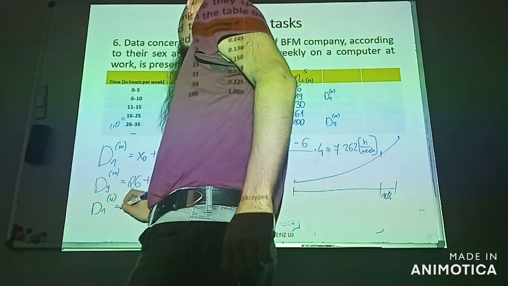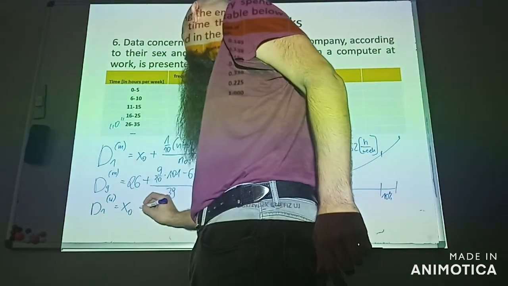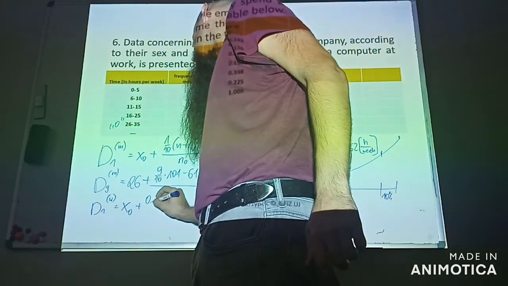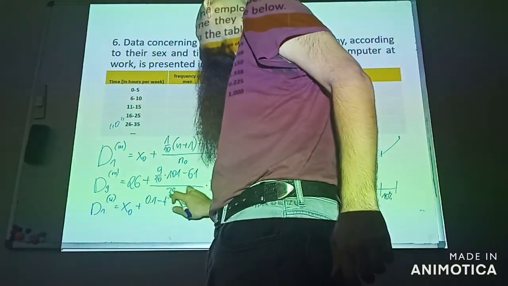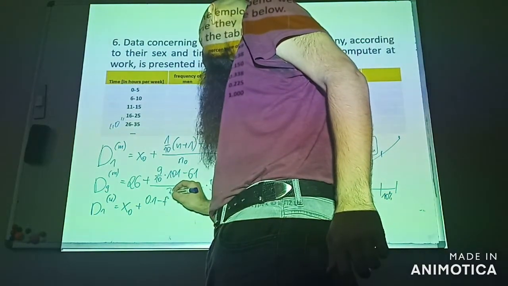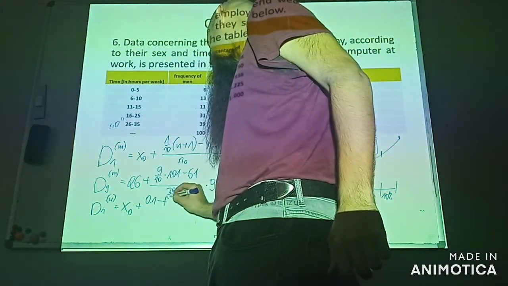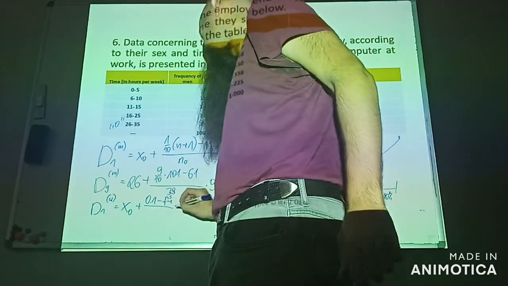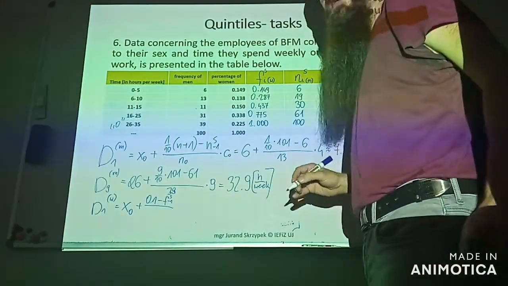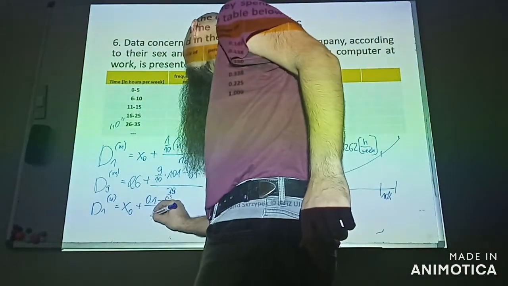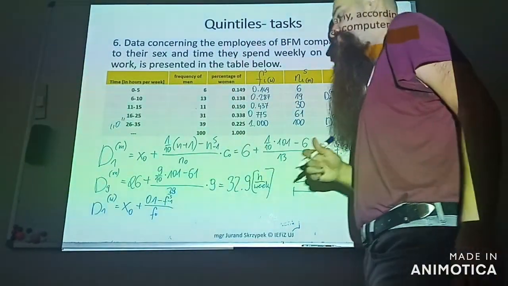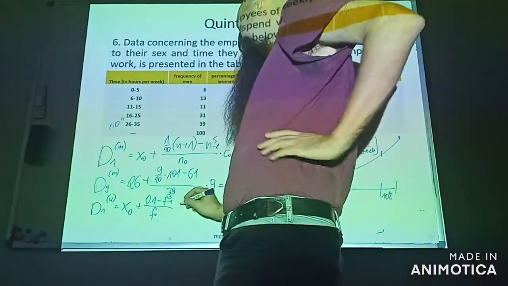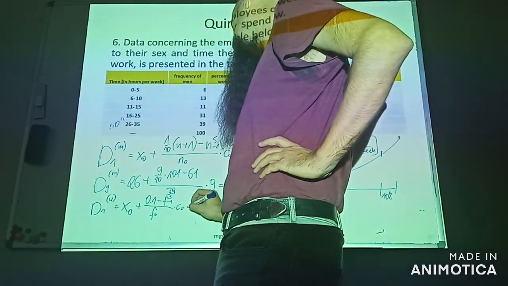is determined by the formula x0 plus 10% minus fs minus 1, the cumulative relative frequency from the previous class, divided by f0, the relative frequency from the class of the first decile, multiplied by c0.